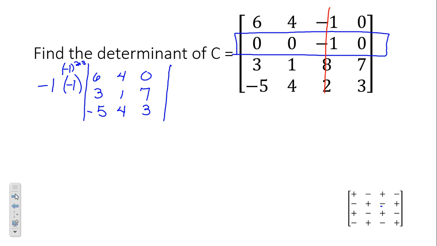I eliminated the row and column and got the matrix. And then this one comes from the fact that I need the cofactor. It happens to be second row, third column. 2 and 3 is 5, and -1 to the fifth is going to be negative. Or if I locate this guy in my little pattern, I see that it's going to be negative. So change the sign. You have to change the sign of the -1 that was out in front. The 2 plus 3 is from the fact that it's the second row, third column.